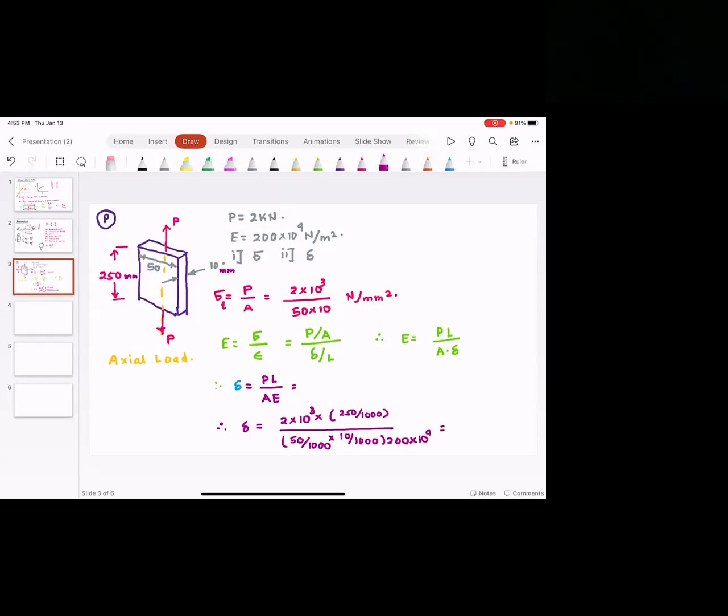That will give me the deflection in meters, and it would be a teeny tiny value that you can calculate. This is how you would find out the stress and the deformation. Everyone understood this? Yes, no?